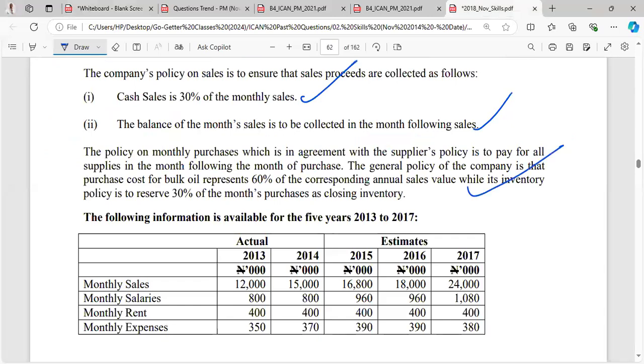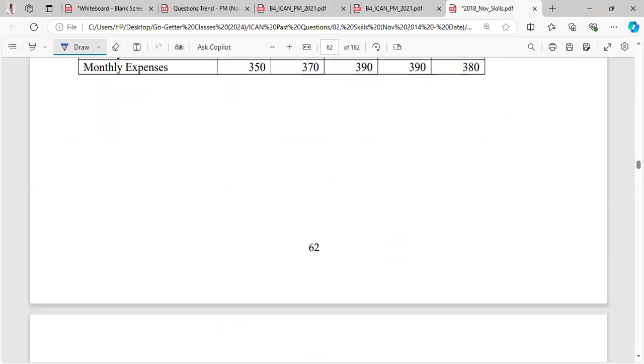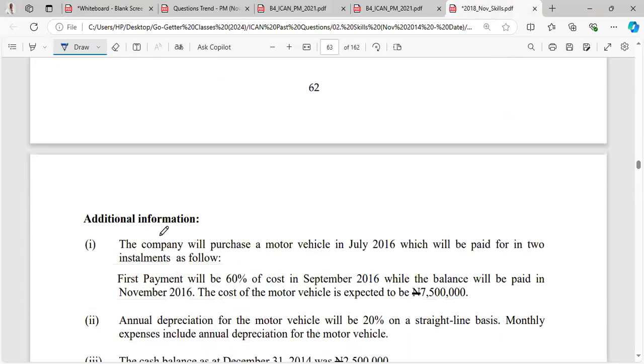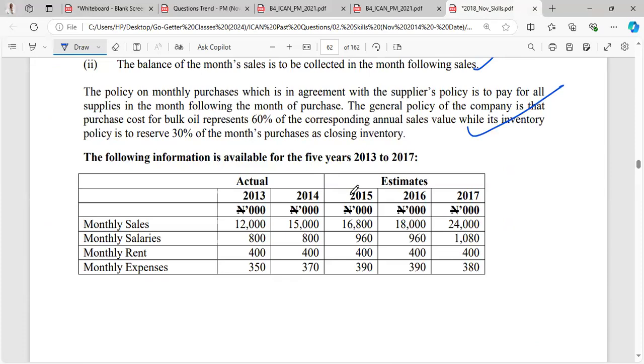Then we are to look for, we are told the company will purchase a motor vehicle in June 2016 and will be paid in two installments. So we're doing for 2015 and 2016.